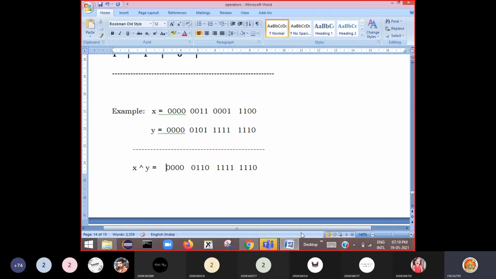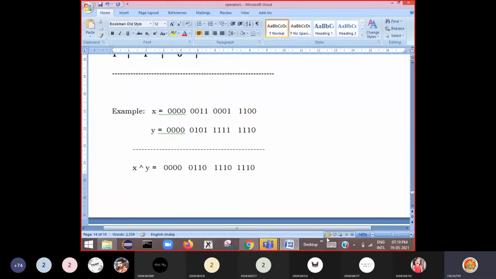Yes or no? Okay, next 0 exclusive OR 1. The bits are different, that's why the result will be 1. 0 exclusive OR 1 gives 1, 0 exclusive OR 1 gives 1, and 1 exclusive OR 1 means you will get 0.